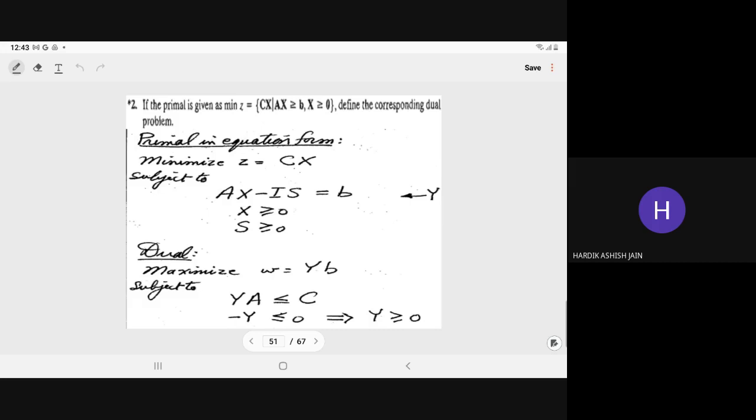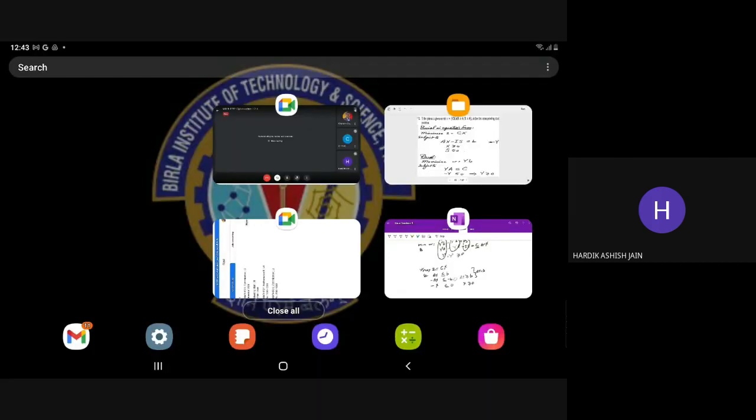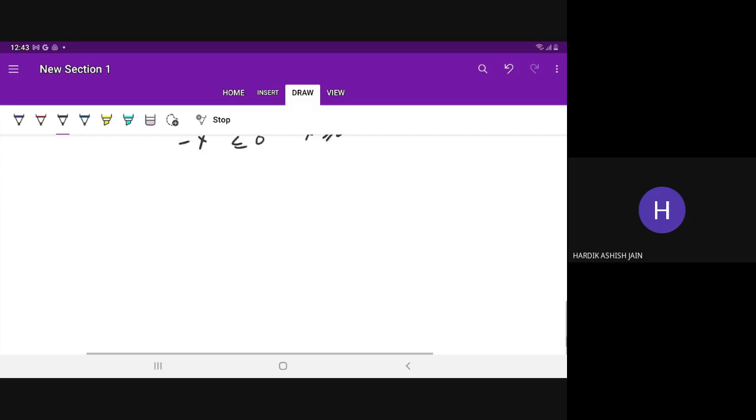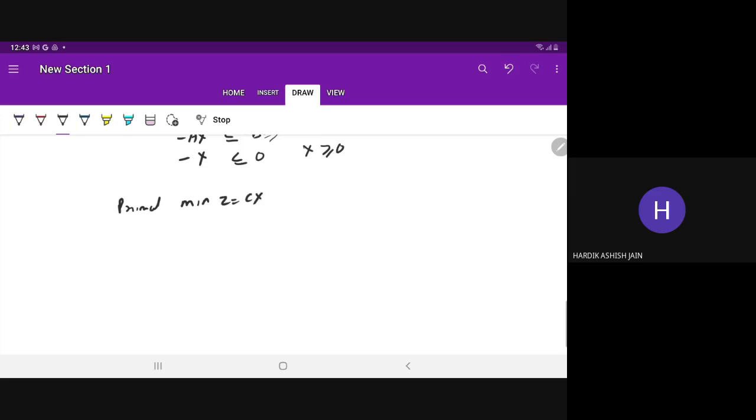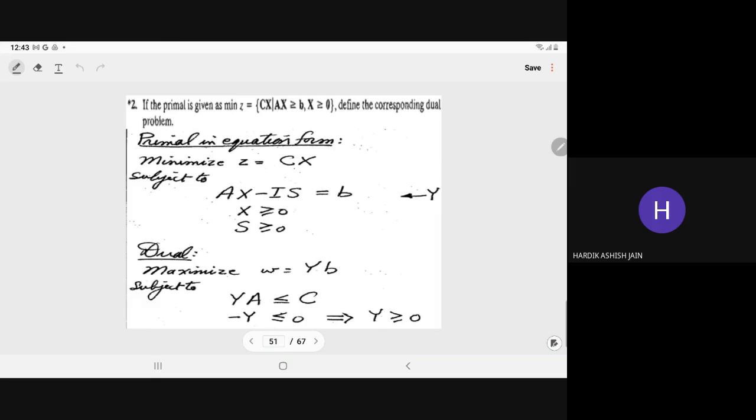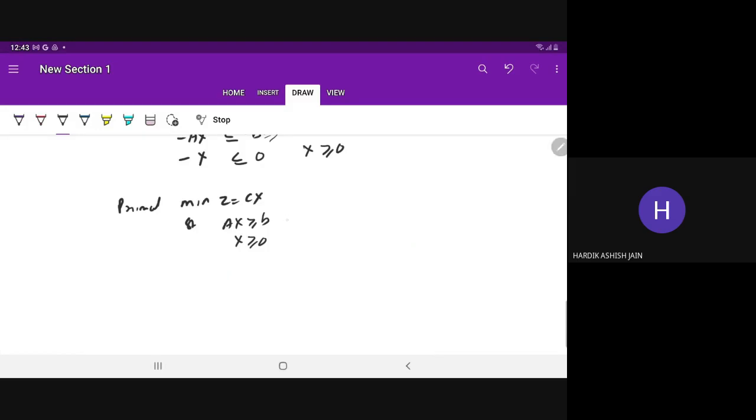So what we have to do? First we have to associate the dual variable y with each constraint, or first convert into the standard form.